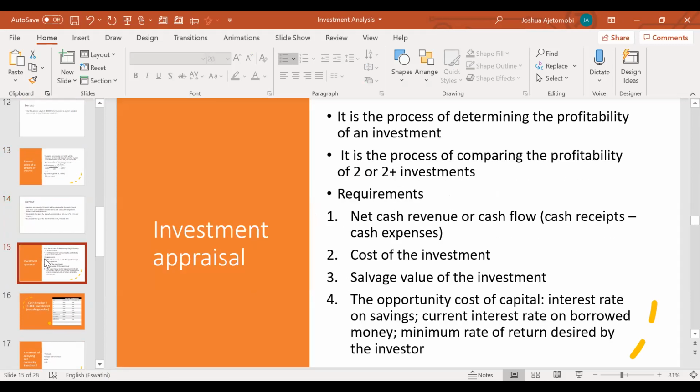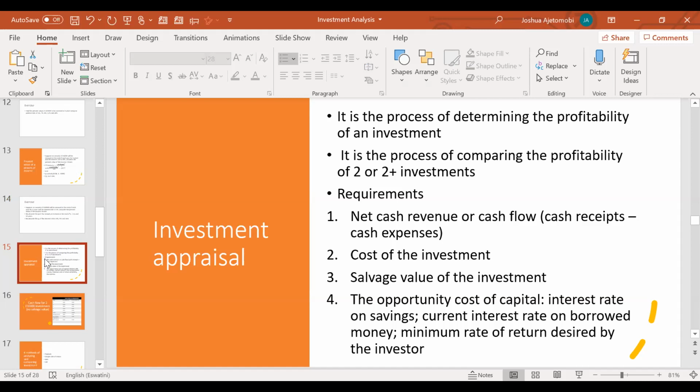Then now we are moving to investment appraisal. I want us to pay attention because this one will end up in an assignment for sure. Investment appraisal is the process of determining the profitability of an investment.